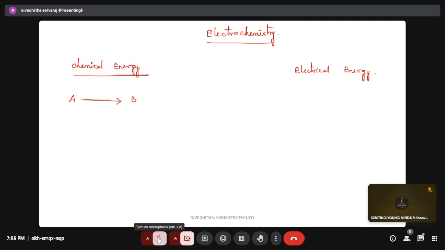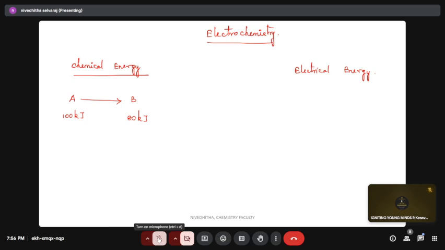For example, if this chemical component A has a particular amount of energy, say 100 kilojoule of energy, and this B compound has a particular amount of energy, say 80 kilojoule of energy. In this process, A is getting converted into B. And how about the energy? Is it getting decreased or increased? Decreased.